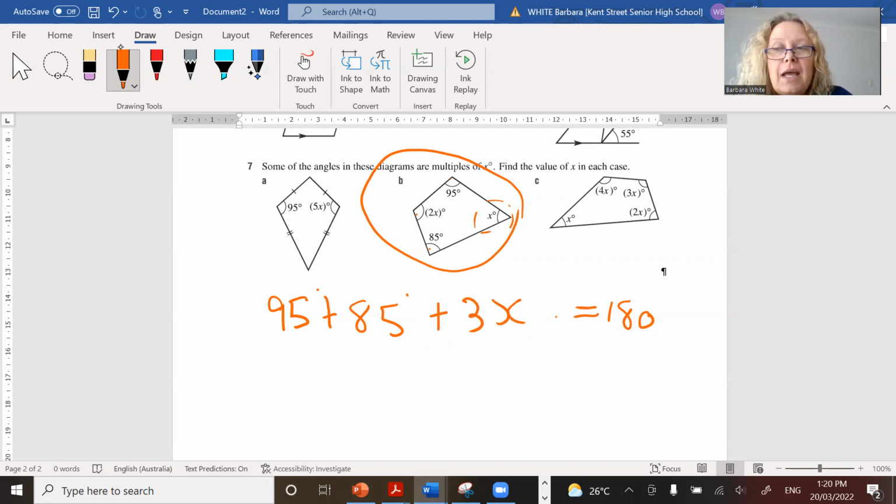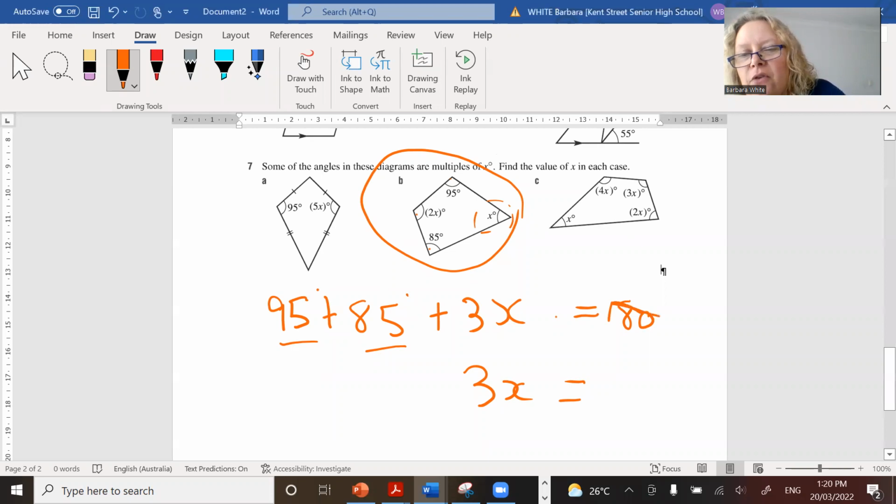All right, and doing it just like you did before, you start at 180, you take away the things you know, and you are left with 3x is equal to, let me just see what 180, take 95, take 85, equals, stay there. I know what, guess what I did wrong. That's not 180, that's 360.